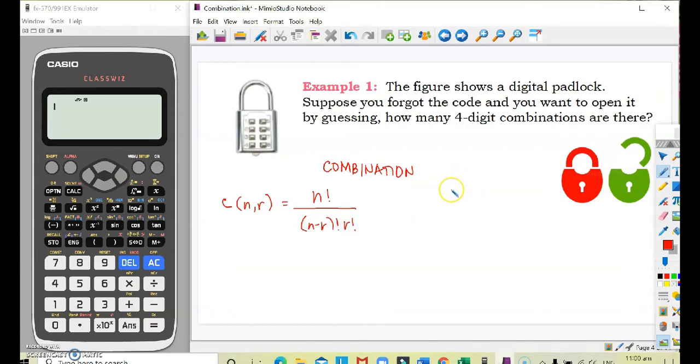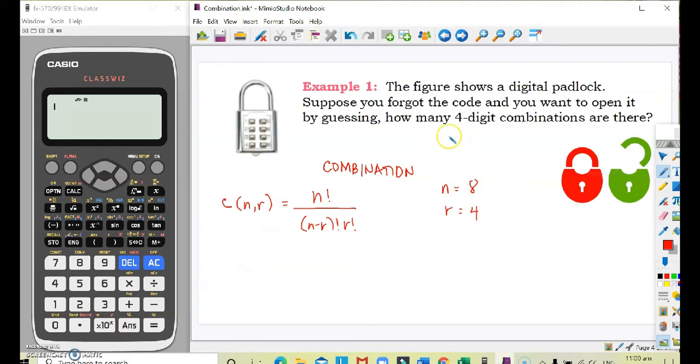In this case, we have to identify first what's the n and what's the R. We know that we are going to form a 4-digit combination, so R is 4. But we don't know what n is. Looking at the illustration, there are 8 numbers to choose from to form the 4-digit combination. Therefore, n is 8.